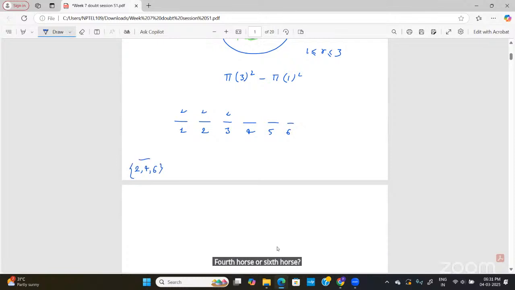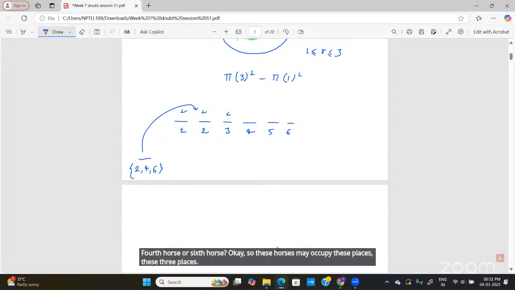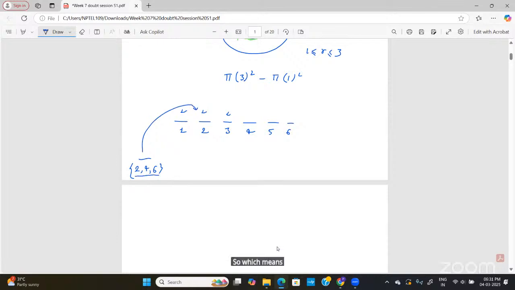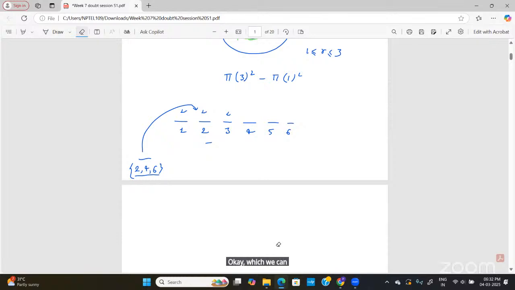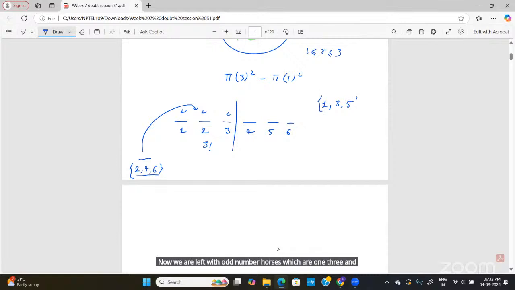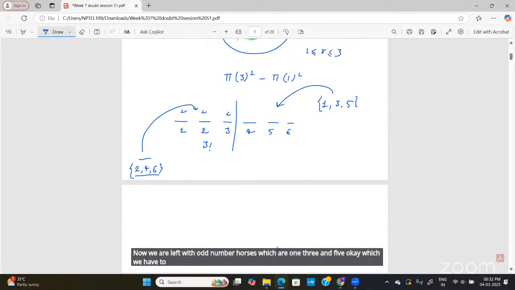These horses may occupy these 3 places, so we just have to arrange these 3 horses into these 3 places, which we can do in 3 factorial ways. Now we are left with odd number horses, which are 1, 3, and 5, which we have to fill in the remaining 3 places. That also can be done in 3 factorial ways.